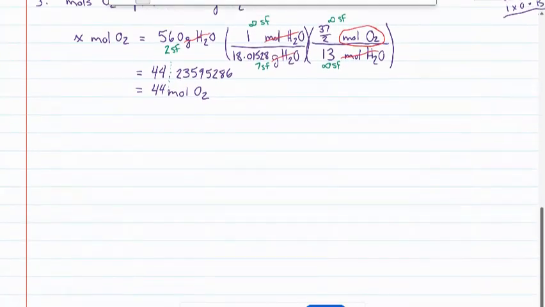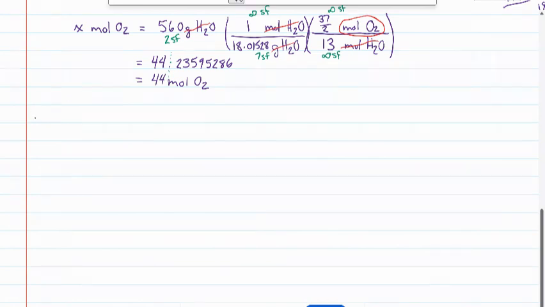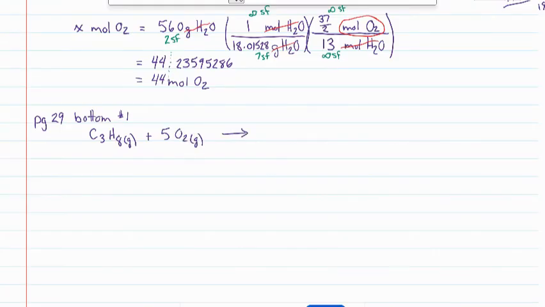Okay, now our last one, which is the hardest type that we are going to learn how to do this year, is page 29 on the bottom. We're going to look at number 1. And in this one, we have a new balanced chemical equation, and we have propane, gas, plus 5 oxygen molecules, gas, give us, again, CO2, gas, plus, I forgot the number in there, but that's okay.